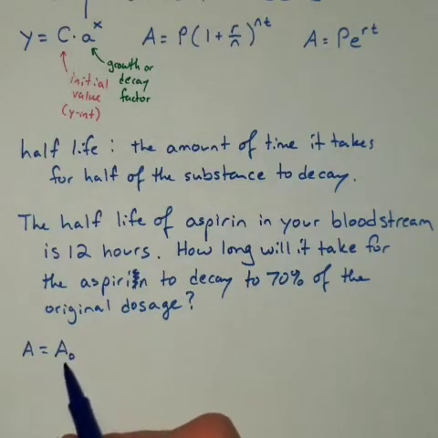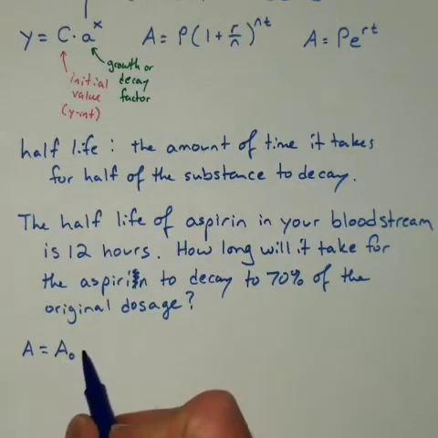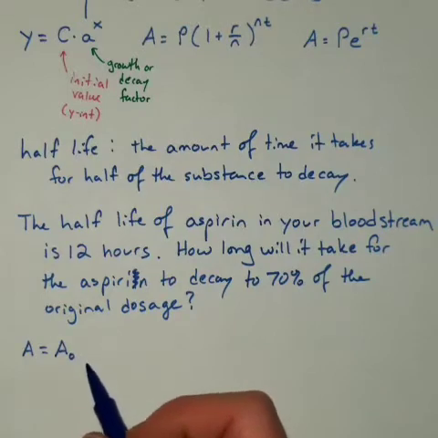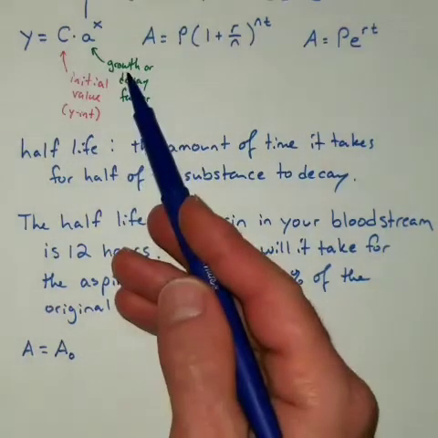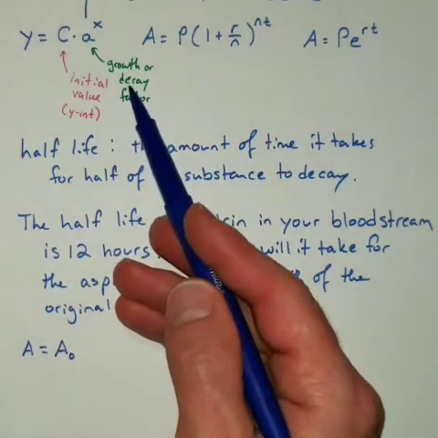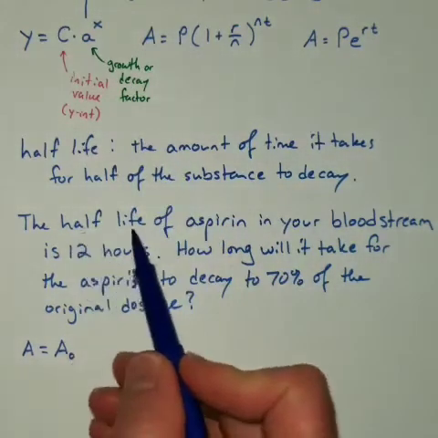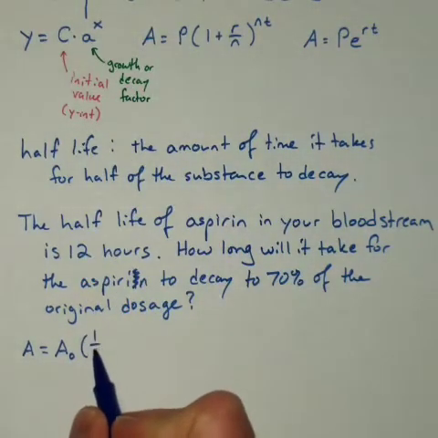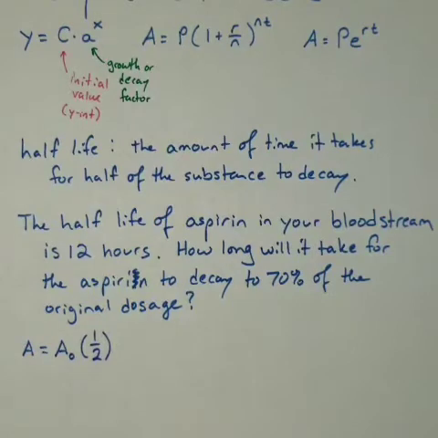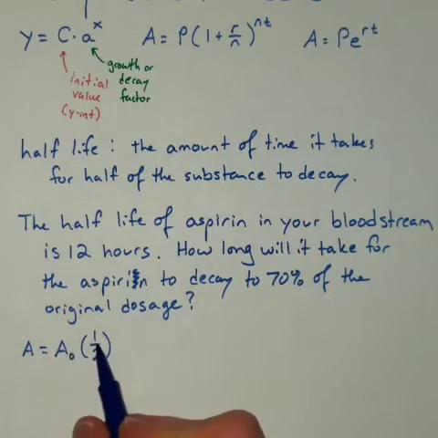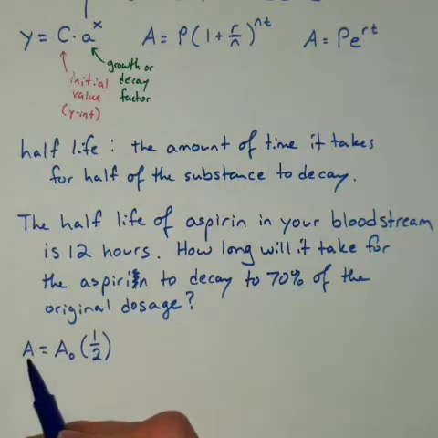So A and A sub 0. Then you're going to have some sort of multiplying or decay factor. And the decay factor is going to be 1/2 because we're dealing with a half-life. So you're constantly cutting the amount in half to get the final amount.